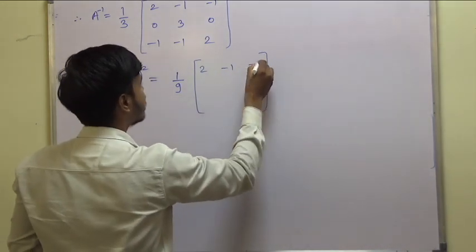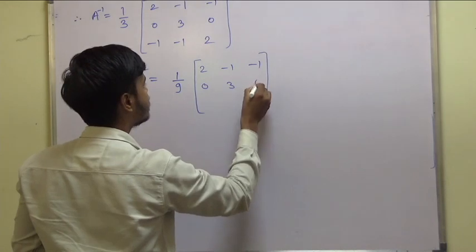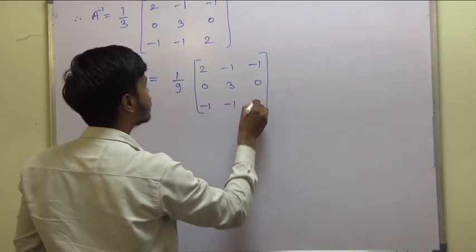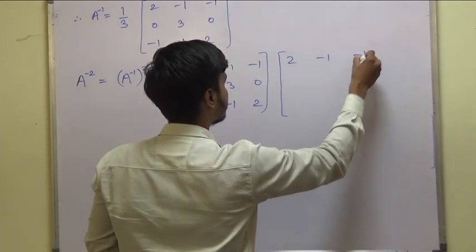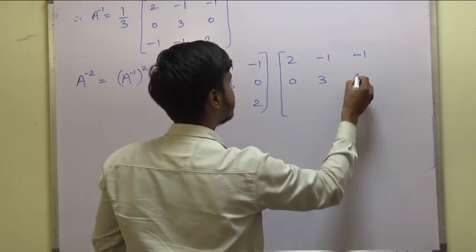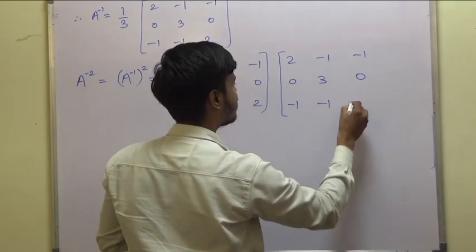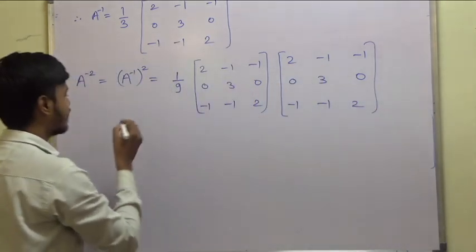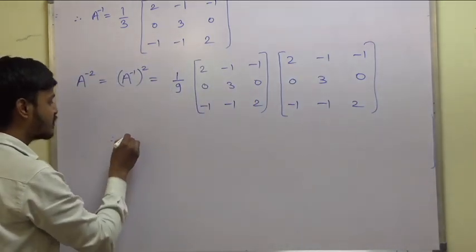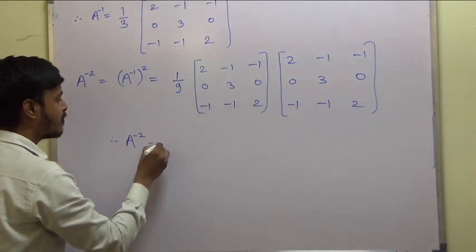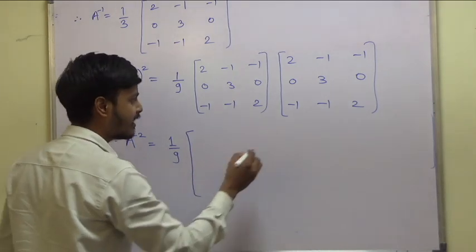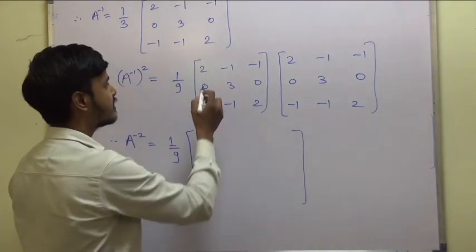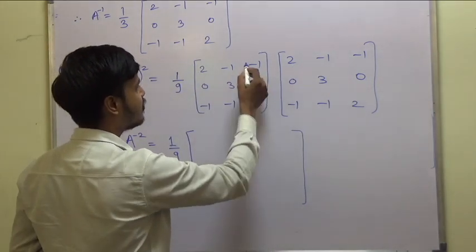2 minus 1 minus 1, 0 3 0, minus 1 2, into again the same matrix, 2 minus 1 0, 3 0 minus 1 2. Okay, so what is A power minus 2? Therefore, A power minus 2 is 1 by 9 times the product. What is it? 2 2s are 4, 0 plus 1.